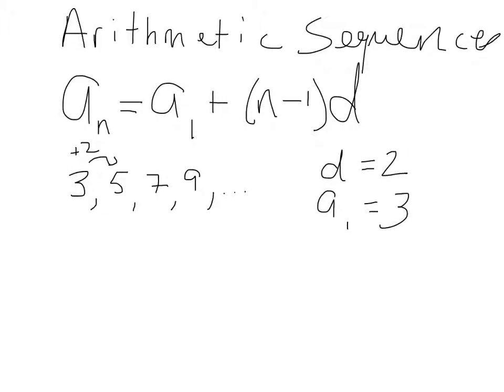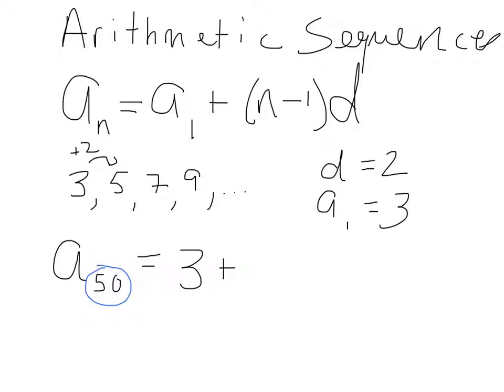A typical problem with something like this would be find a sub 50. That means find the 50th term. Well, you're not going to sit there and write out all the terms going up by 2's. So that's where you use this formula. A sub 50 equals, using the formula, a sub 1, which is 3, plus n minus 1, meaning this number minus 1.